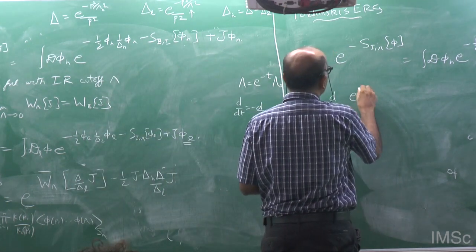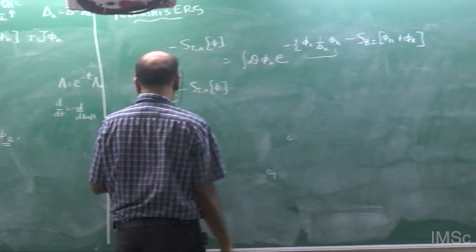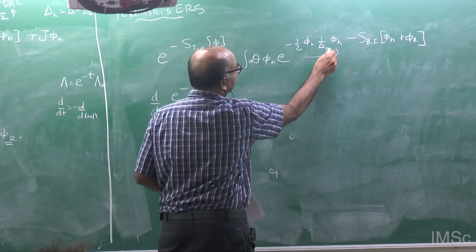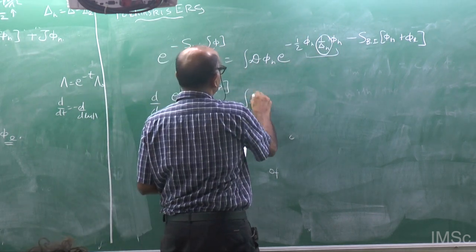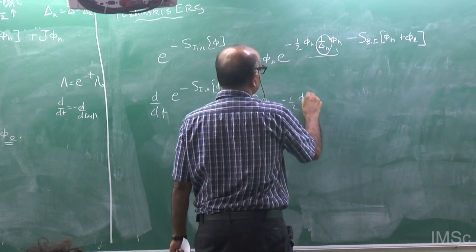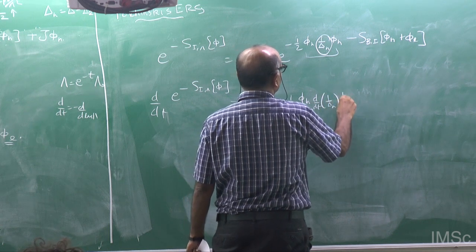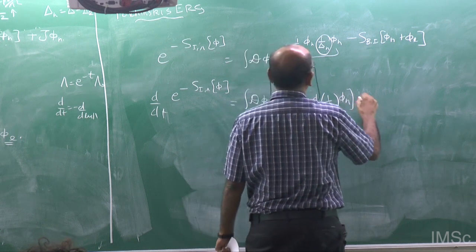So d by dt of this, so it's going to differentiate this term. That's the only lambda dependent term. So you get d phi h, bring this down, minus half phi h d by dt of 1 over delta h times the same thing.